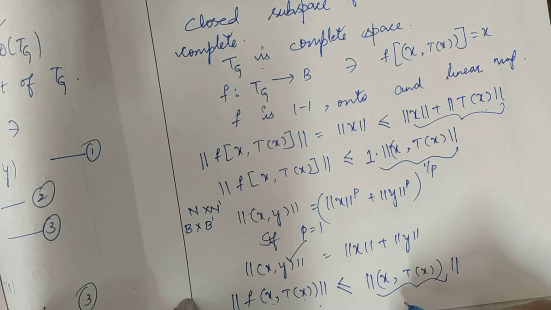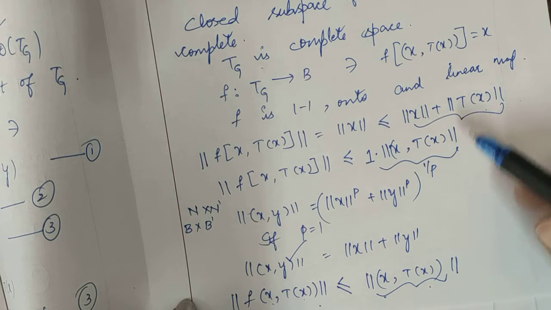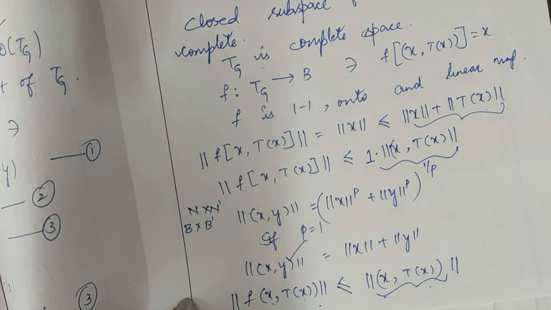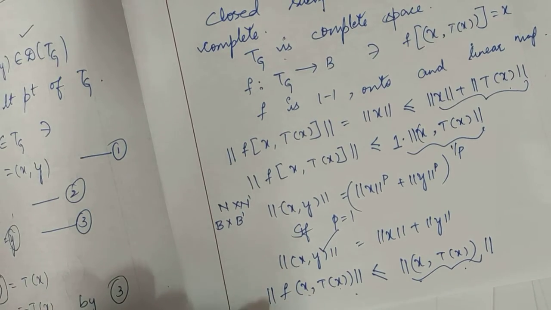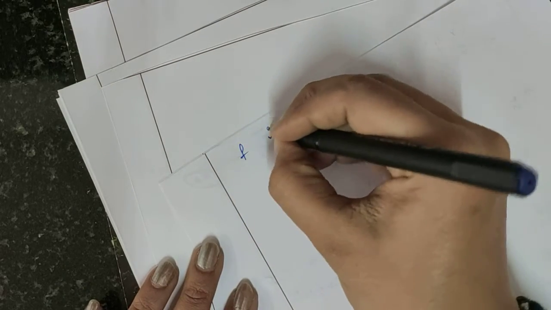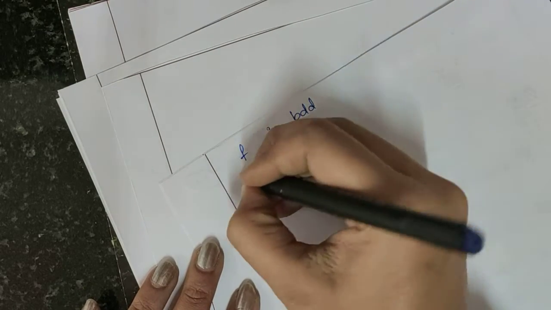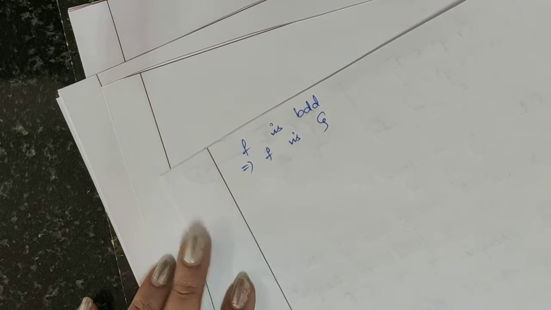So from this we can write that norm x comma t of x. Just check the position of the elements, you will understand. So from this you can say that f is bounded. F is bounded, so boundedness implies continuity, so f is continuous.